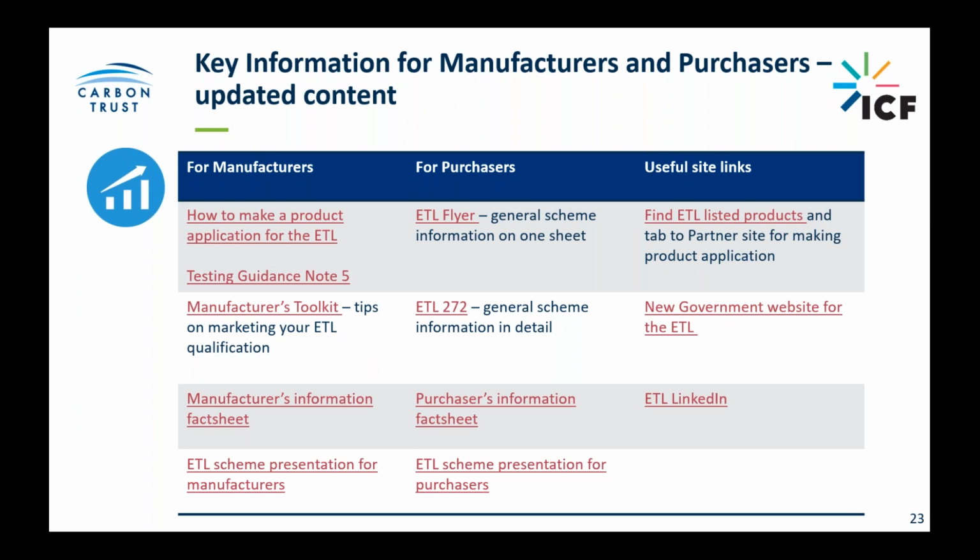We've got a manufacturer's toolkit, so that gives you tips for promoting your product on the ETL and how you can use the ETL logo. There's the information fact sheet, so this is like an FAQs document. It mentions which technologies are on the ETL, what the difference is between a listed and unlisted technology, and how to go about introducing a new technology.